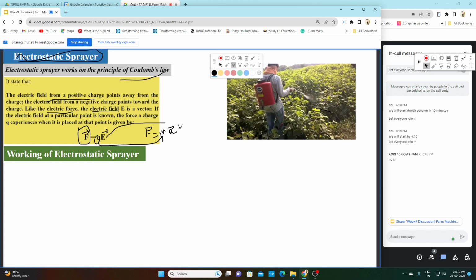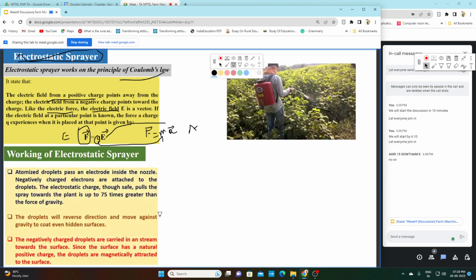This is the electrical part and this is the analog part. So this is the analogy. In the analog part we have F equals MA, and in the electric part we have F equals QE, where F is the electrostatic force, Q is the charge, and E is the electric field.